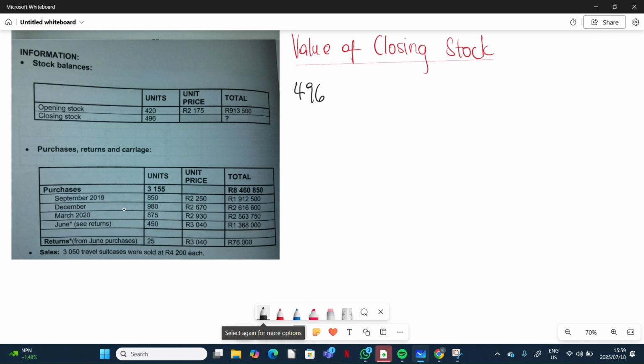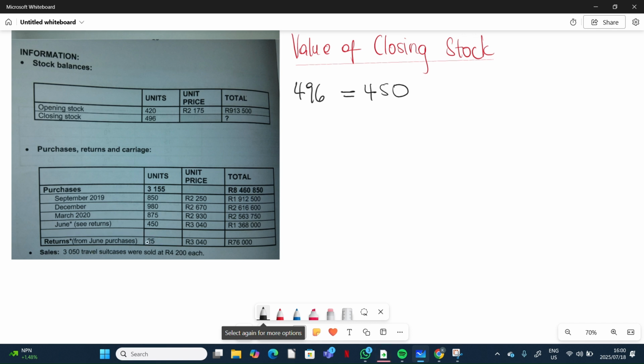So what's going to happen? Remember that we're trying to get 496. Now, in June, how much did we purchase? We bought 450 units of the bags that they sell, since they sell travel suitcases. They bought 450 in June. But something you need to remember is that from this 450, 25, as you can see here on the returns from June purchases, were returned.